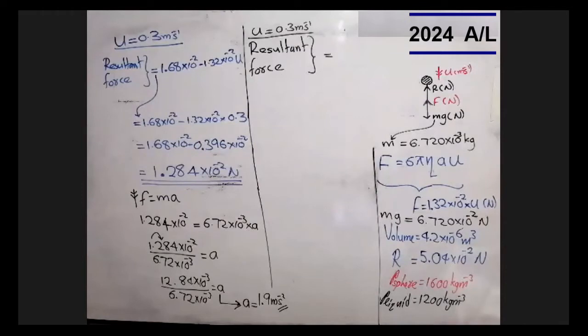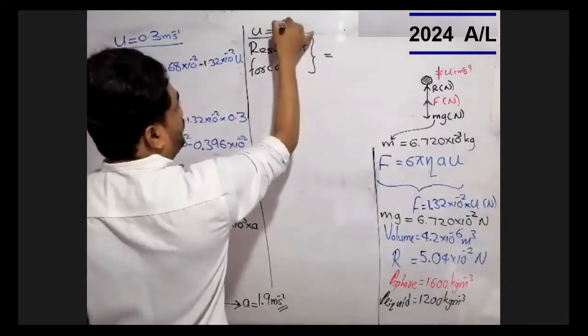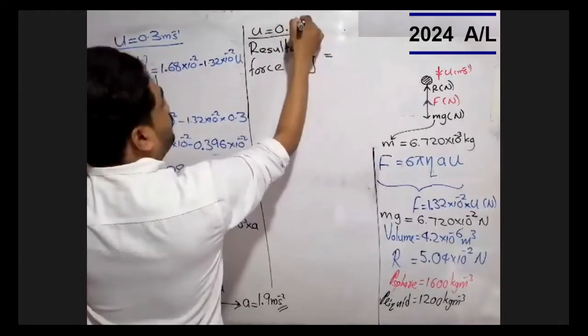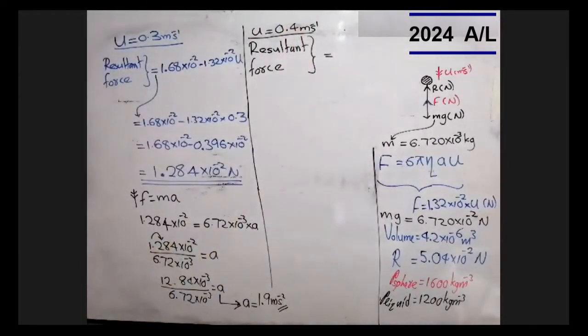You were right, it should be 0.4 meter per second. Velocity is now 0.4; 0.3 is already completed. Find the resultant force and the acceleration of the sphere when the velocity is 0.4 meter per second. Give a try.